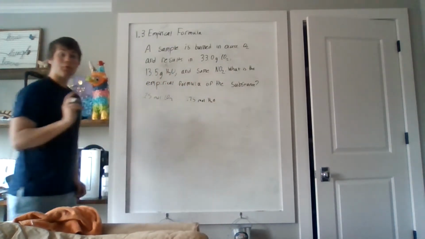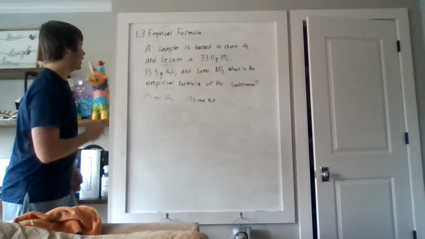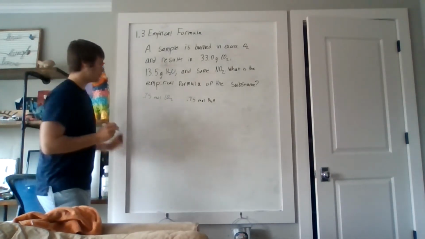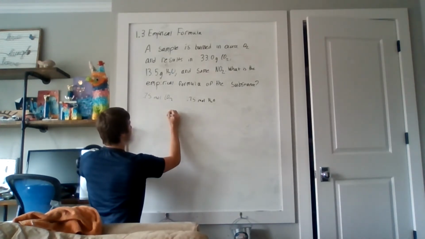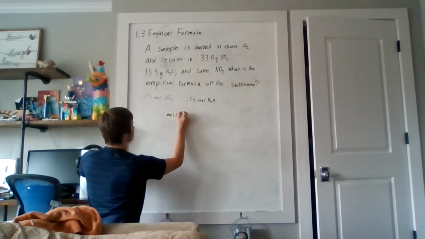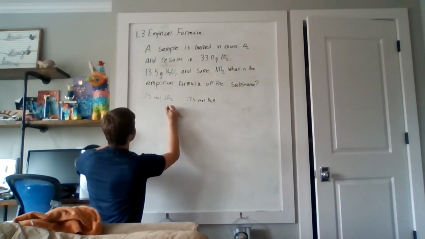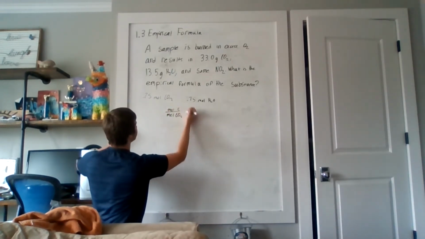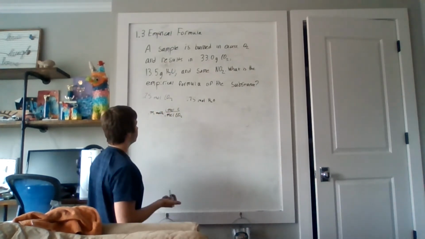We're going to use molar ratio to get the moles of hydrogen and carbon in each substance. So for every mole of CO2, there's only one carbon. So we do 1 mole carbon. So it's 0.75 mole CO2 times 1.